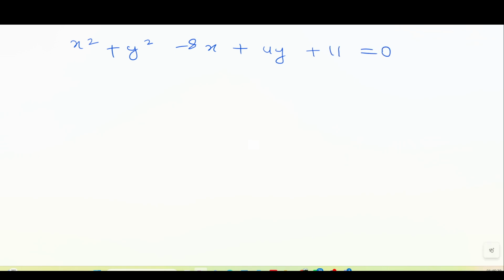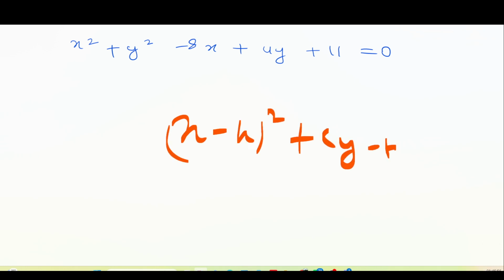Now if the question is asking us to give the center coordinates and radius, first we need to convert this equation into standard form, right? What is the standard form? x minus h whole squared plus y minus k whole squared is equal to radius squared, right?